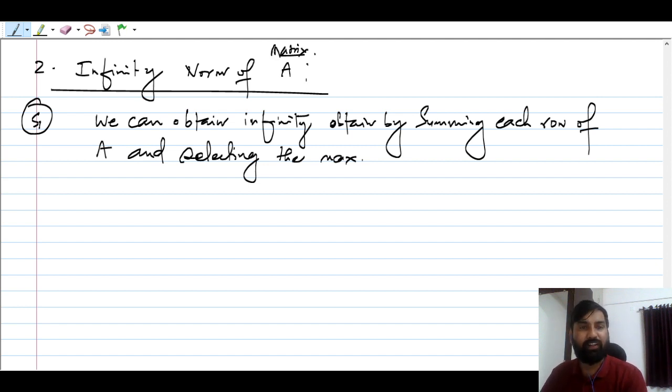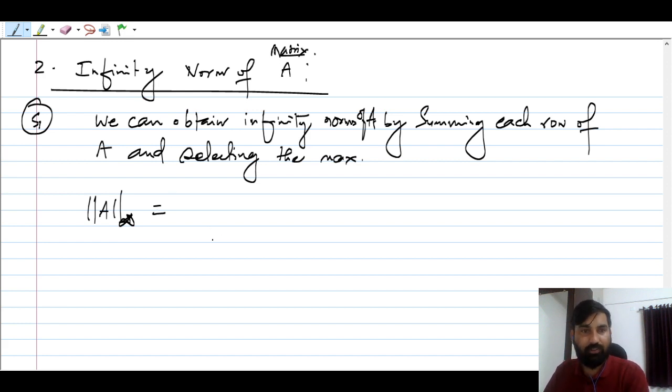So we can obtain infinity norms of A by summing each row of A and selecting the maximum, right? So you can say that this is infinity norm, right? Okay.